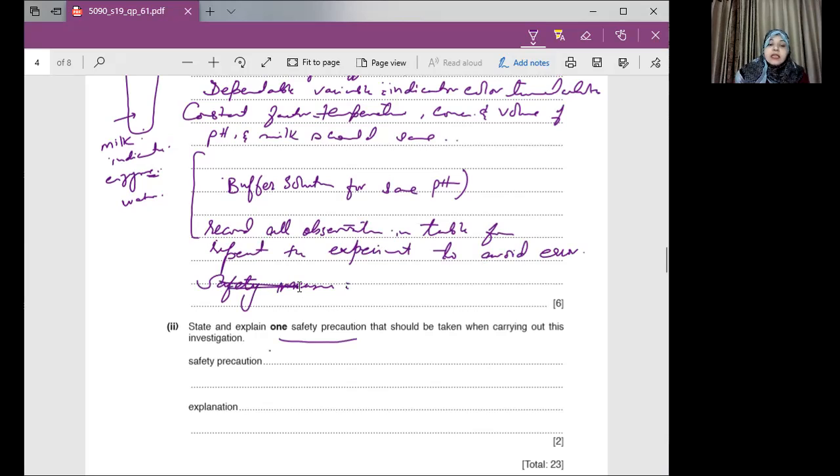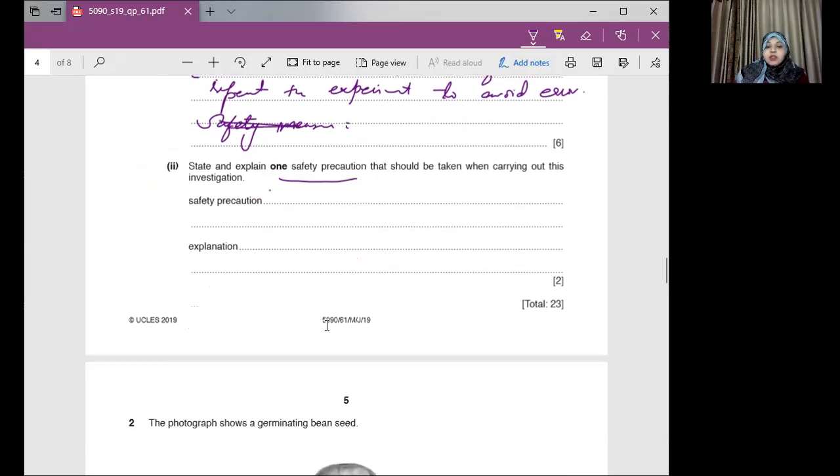Okay. State and explain one safety measure that should be taken when carrying out this investigation, as they are using enzyme, as they are using test tubes. So the safety precaution is to use a test tube holder, right?